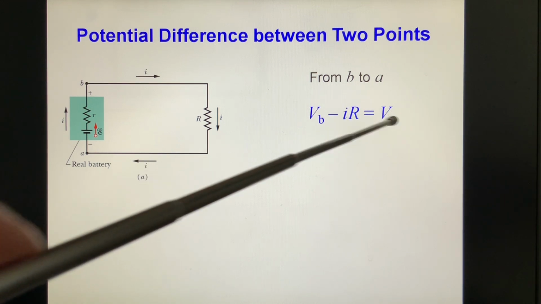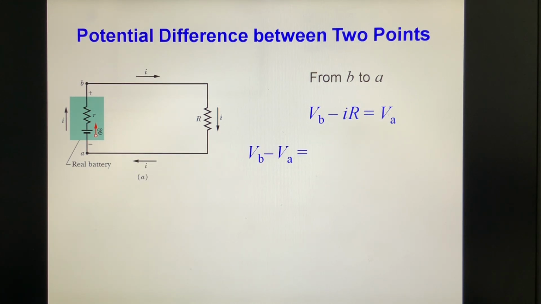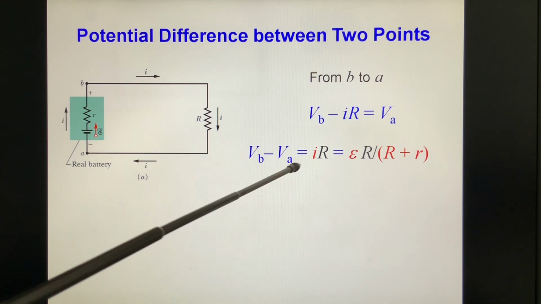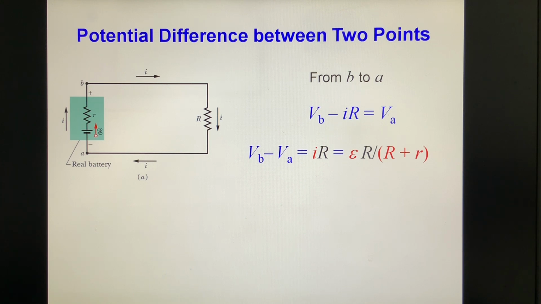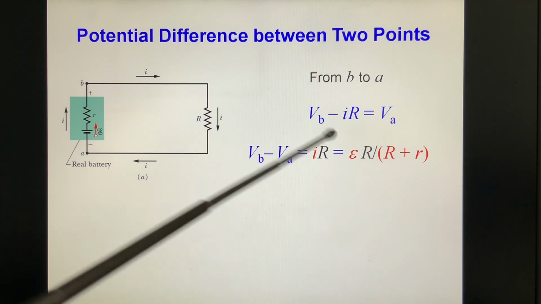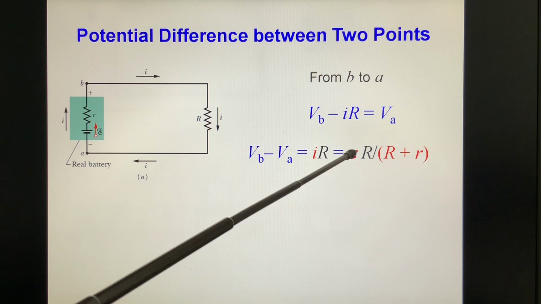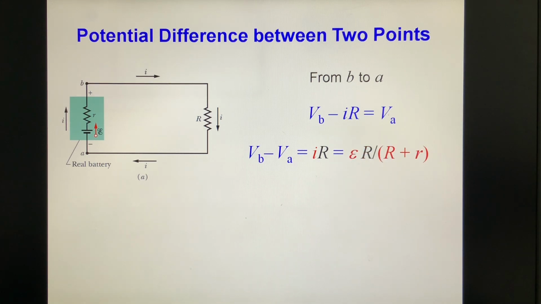So VB minus VA equals IR. Also, we can go in the other direction: plus Ir minus epsilon. We get the same thing, equal to IR, where I equals epsilon over R plus r.